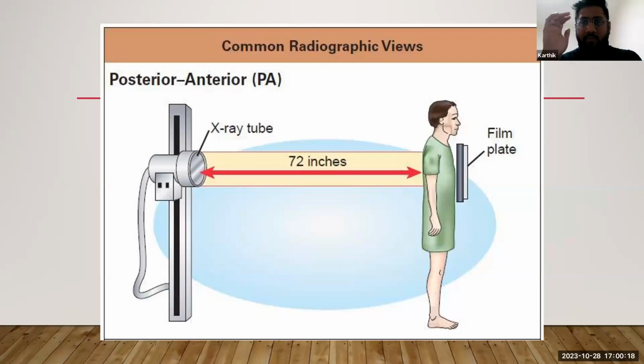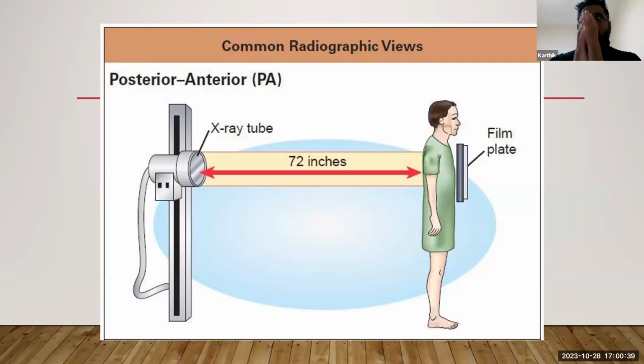So firstly, when we're doing a normal chest X-ray, this is an erect chest X-ray where the patient is standing up. It's a PA view, meaning that again, the chest of the patient is on the film plate, and they're about 6 feet away from the X-ray tube.